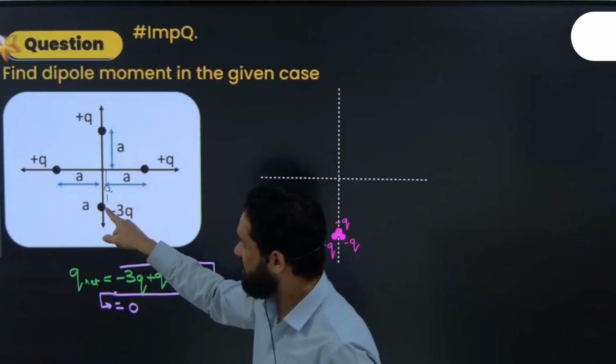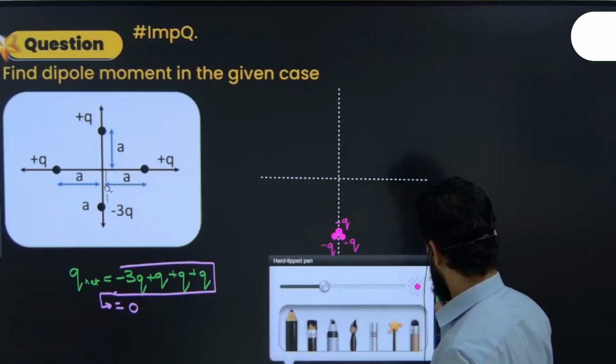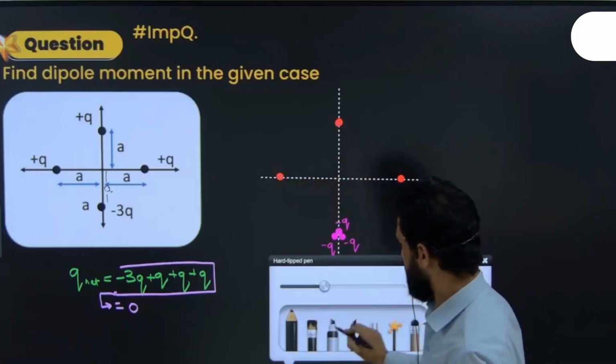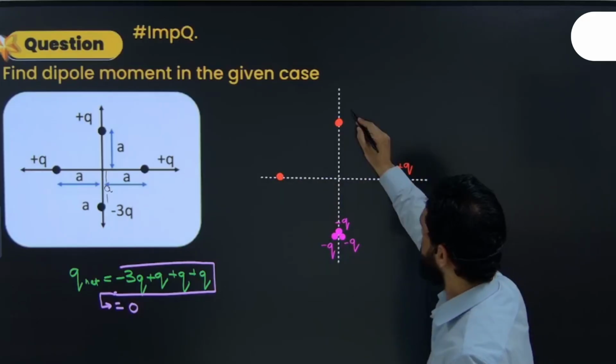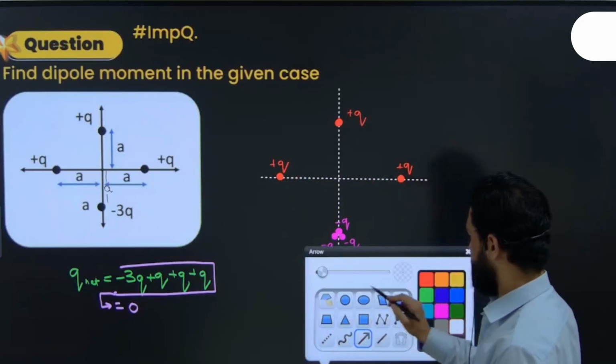This minus 3q will make a dipole with one of the plus q, and you can see the rest of the charges are plus q, plus q, plus q.